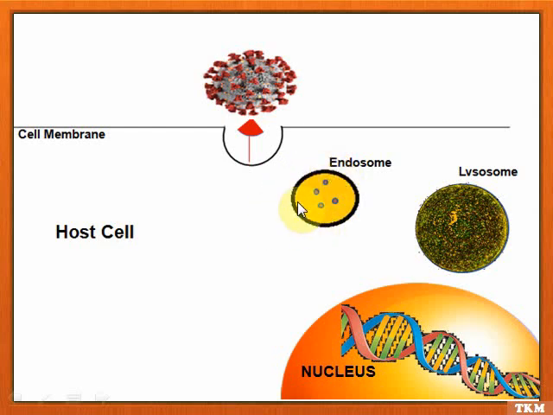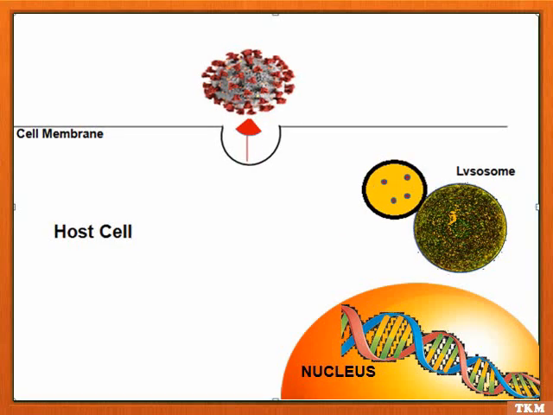We discussed earlier endocytosis, the taking in of matter by a living cell by invagination of its membrane to form a vacuole. The next step is that this endosome will traverse through the cytosol and try to fuse with the lysosome. Then after that, what happens? The coronavirus is released out of the endosome or lysosome and it spreads out.